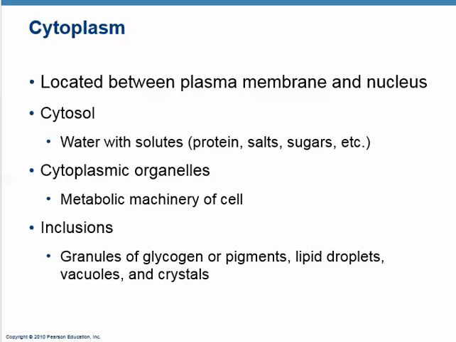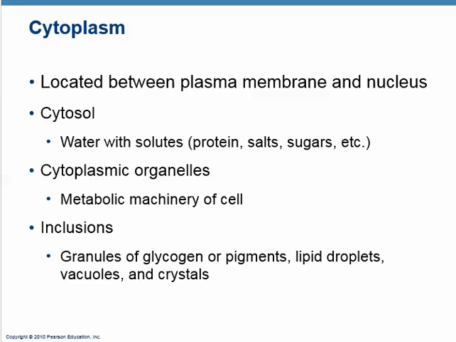The cytoplasm is the stuff that's between the plasma membrane and the nucleus. Cytosol is the solvent that everything is dissolved in or suspended in. It really is a complex mixture.